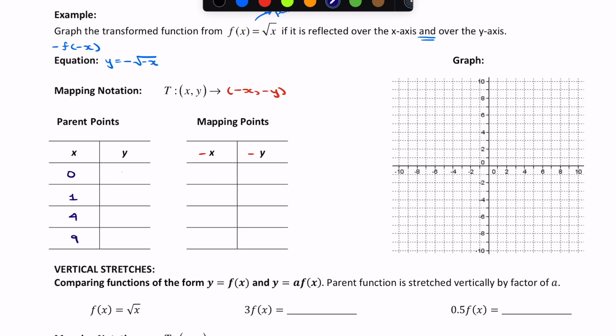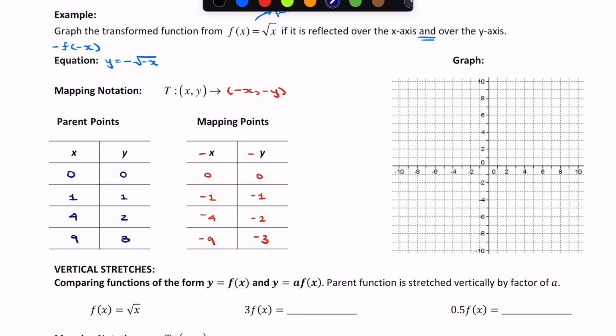Y values will be 0, 1, 2, and 3. And for our transformed function now, both the x values and y values will be negative. So here will be 0, -1, -4, and -9. And our y values will be 0, -1, -2, and -3.